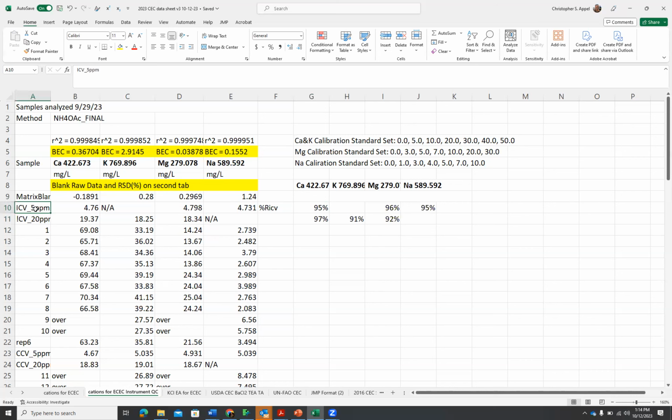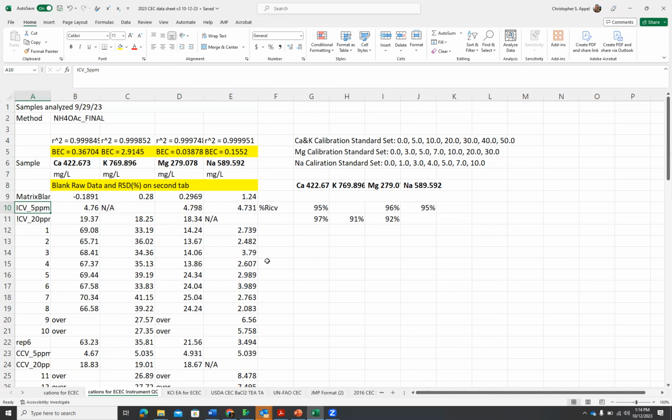So the known is a standard that we created that was 5 parts per million in all of those elements. And then we ran that against our calibration, and these are the values that we got here. Oh. So measured divided by known, which is 5.